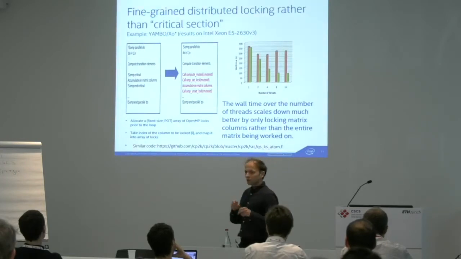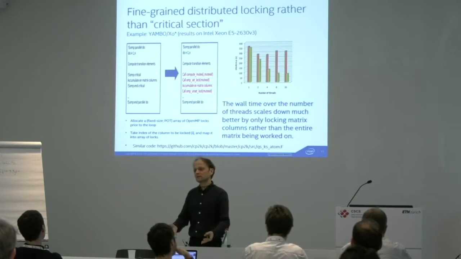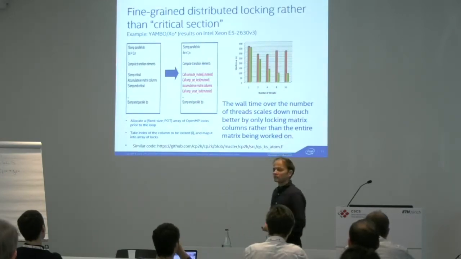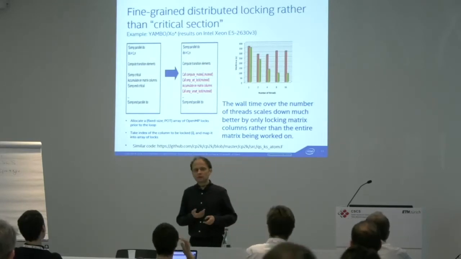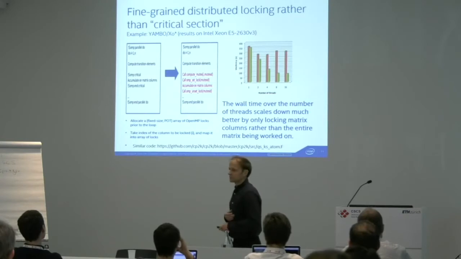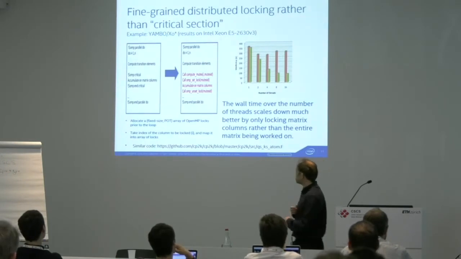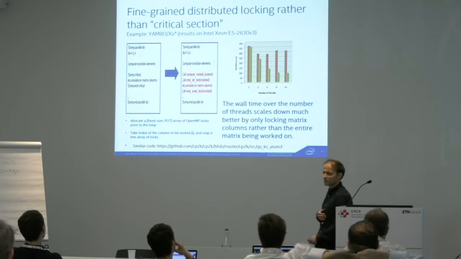Instead of using a single lock, you use 16 locks. At this point, you permit 16 threads to operate in parallel on all of the matrix columns that are not the same column. This is a very simple thing, but it's not too obvious. But it gave an immediate better scalability. You can see no scalability versus some scalability.